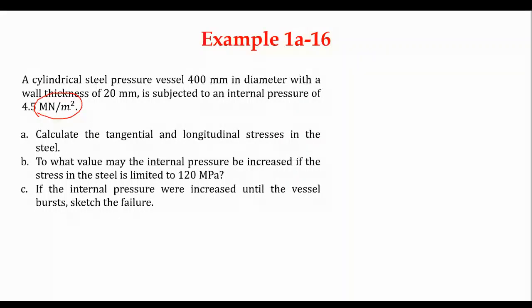This is megapascal. Why megapascal? Because pascal is Newton per m squared. So, mega pascal. You can also use Newton per mm squared. Alright, just megapascal. So calculate the tangential and longitudinal stresses in the steel.